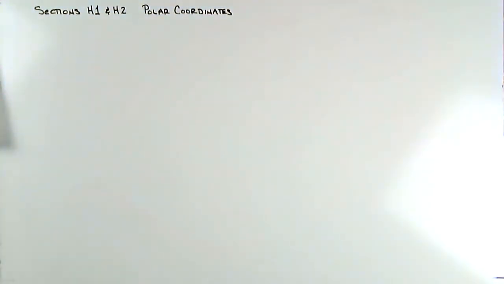Remember in H2, we had two formulas. We had the formula for the area of a region if we're given that in polar coordinates, and then we had the formula for the length of a curve in polar form. If we take a look at the homework problems in H1 and H2, the first problems were 6 and 7, and then 11, and then 15 and 17.